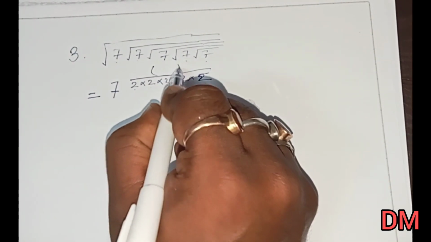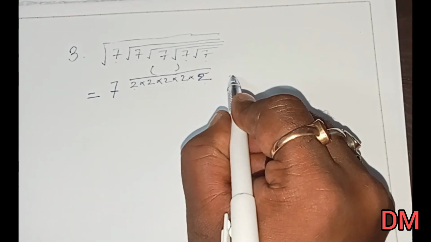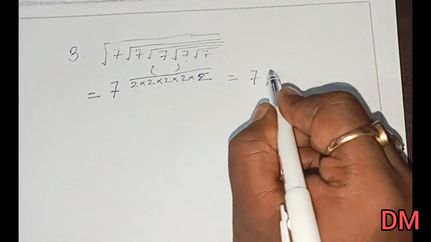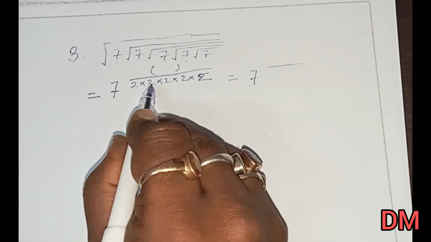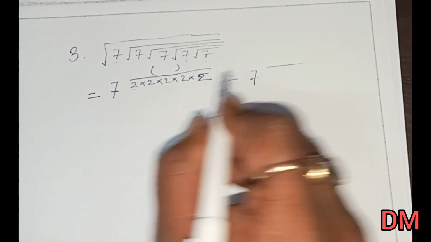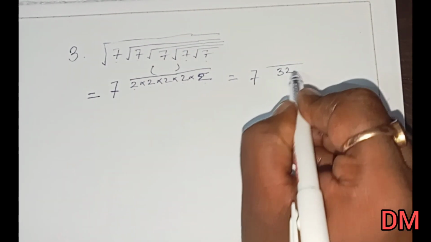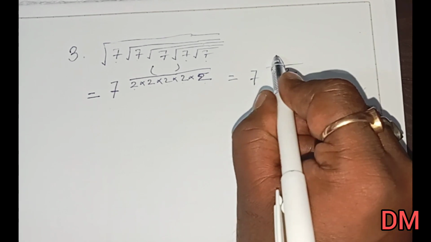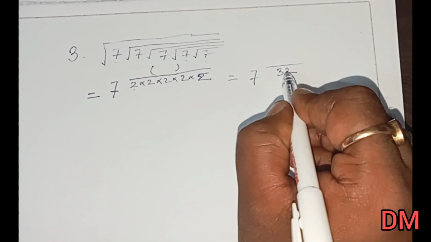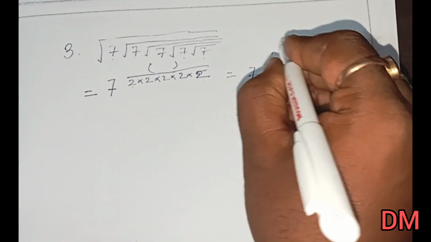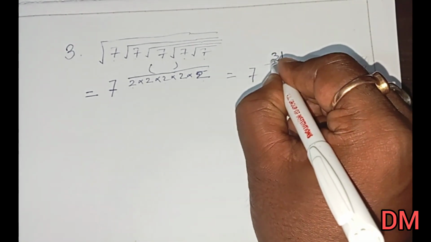And what will be at the numerator? That will be 7 to the power 4, 8, 16, 32, whatever is at the denominator, you have to deduct 1 from it, so that is equal to 31. This is the answer.